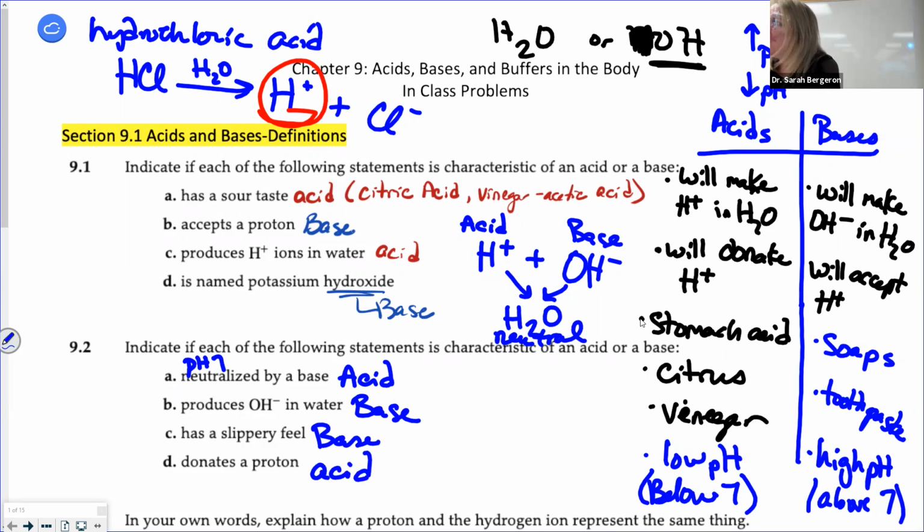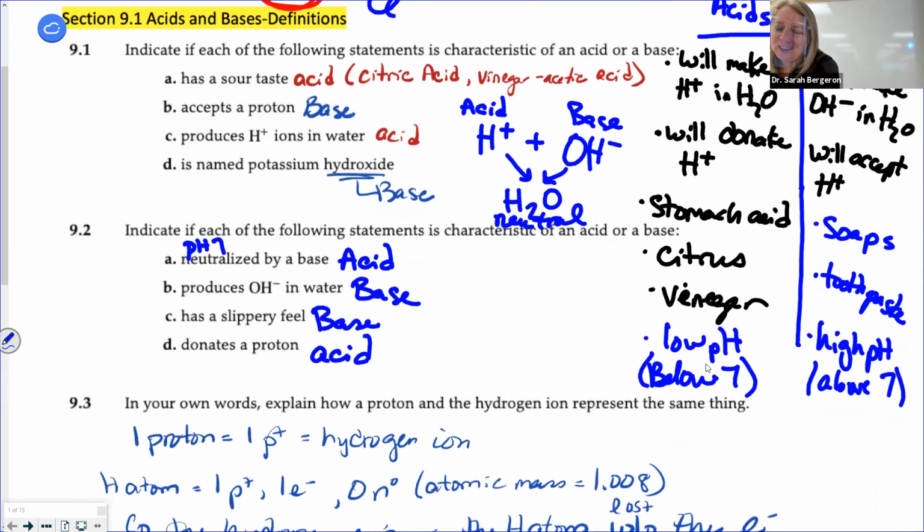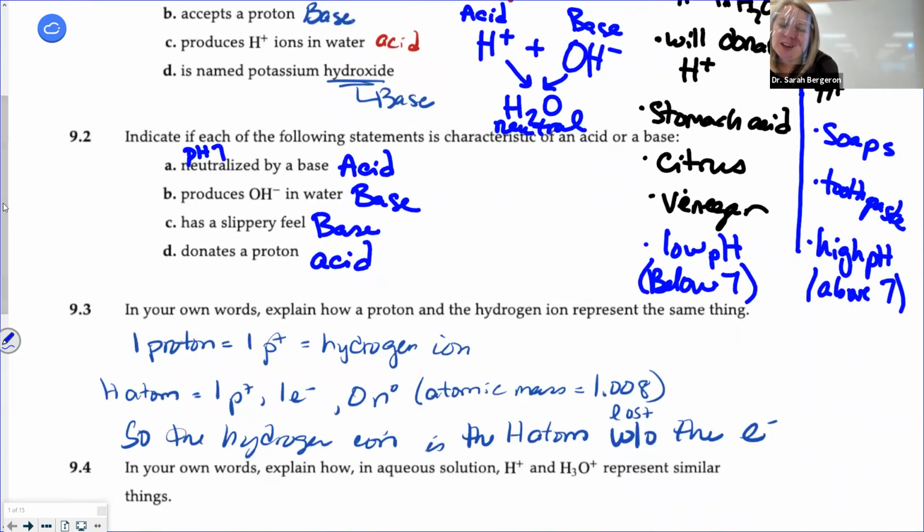What is a proton? A proton, right, is one proton. It's part of the nucleus, right? So it's the same thing as a hydrogen ion. If you have a hydrogen atom and it is charged, that means it has lost its one electron. If you look on the periodic table, what's the mass of hydrogen? 1.01. So do you have any neutrons in there?